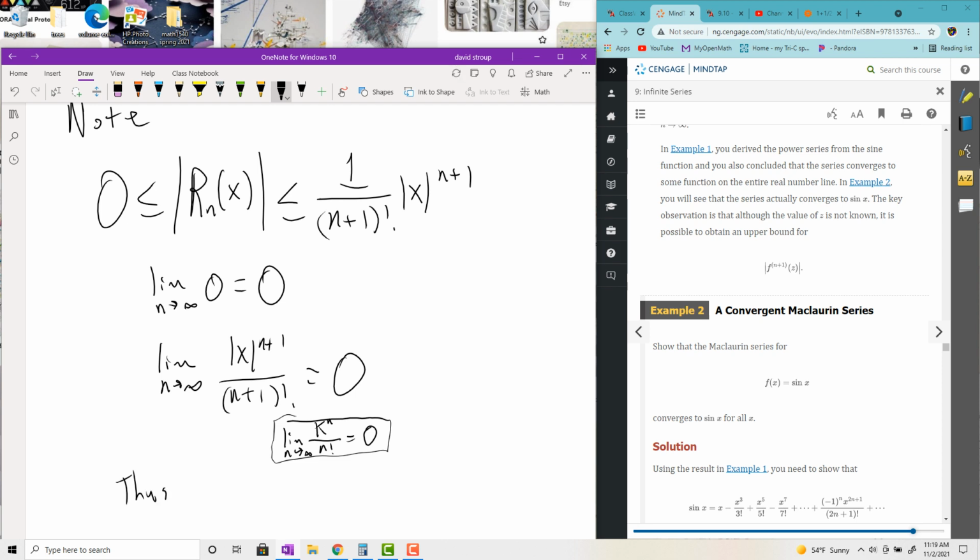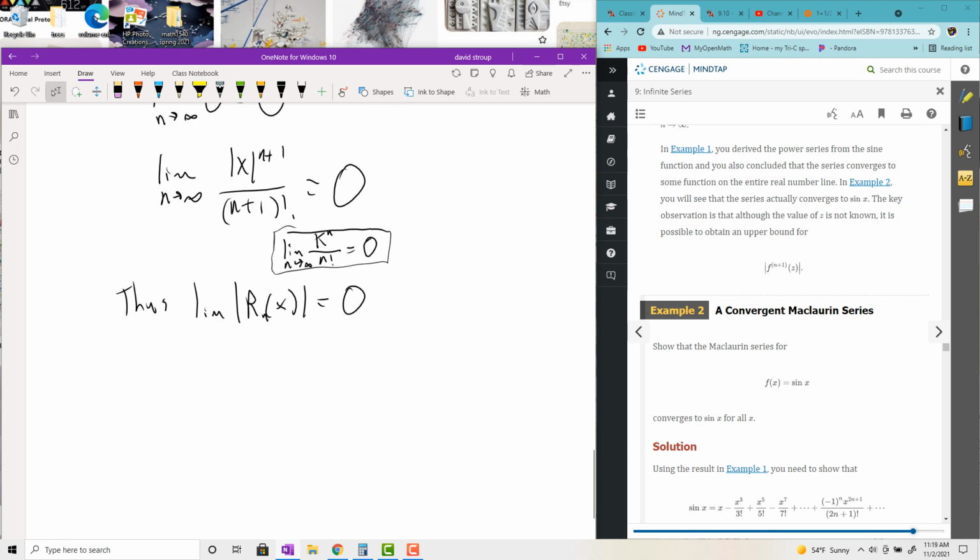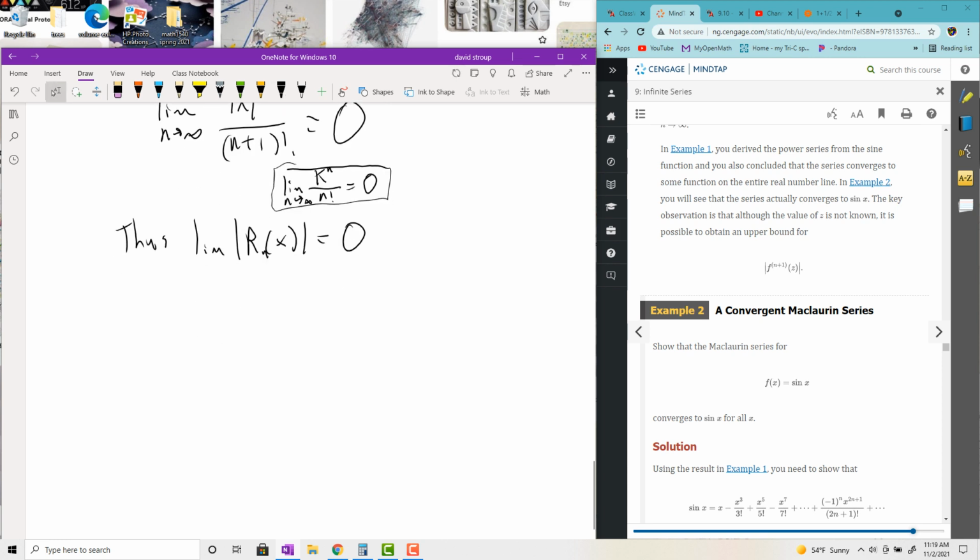Thus, the limit of the absolute value of r sub n of x will go to 0. And if you remember, we have this absolute value theorem, which says if the limit of the absolute value of the terms goes to 0, then the actual thing goes to 0. That was a 9.1 theorem. So thus the limit of r sub n of x goes to 0.